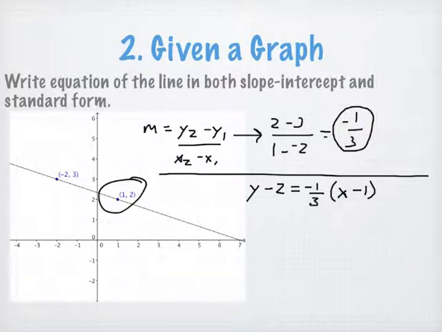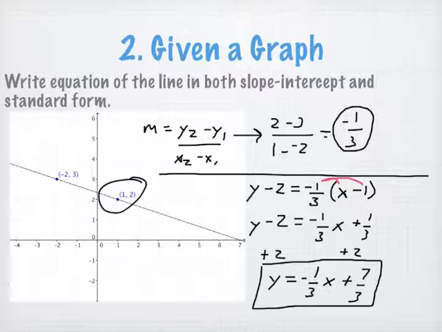Next, using our algebra skills, we'll turn that into slope-intercept and then also standard form. And so here we have our slope-intercept form. And now what's left is to calculate that into standard form.